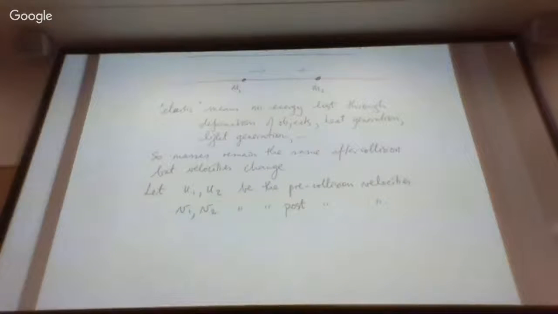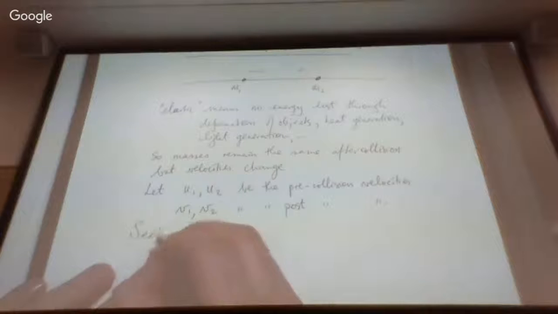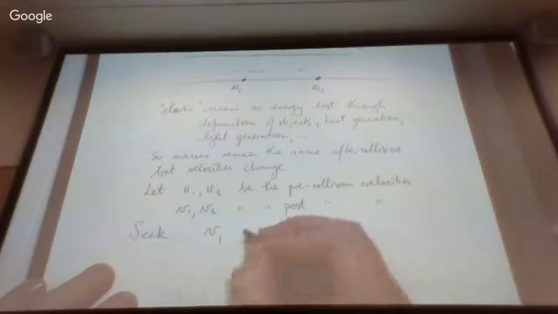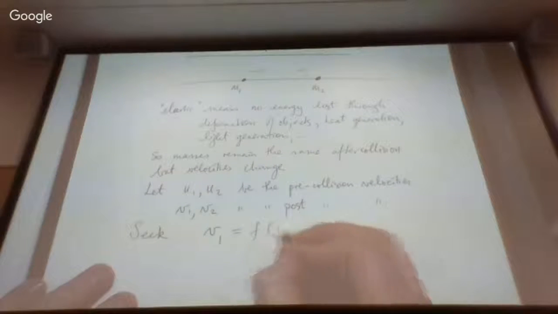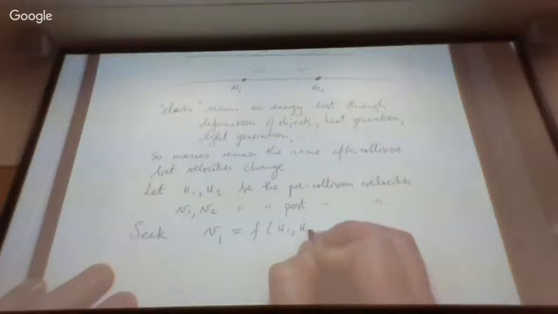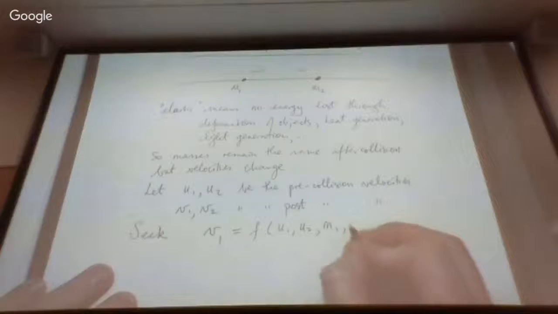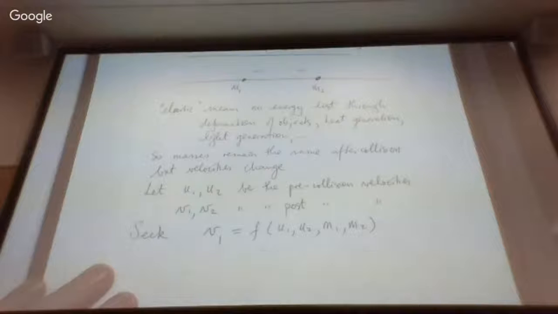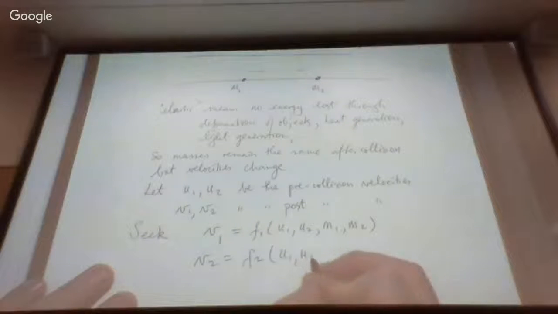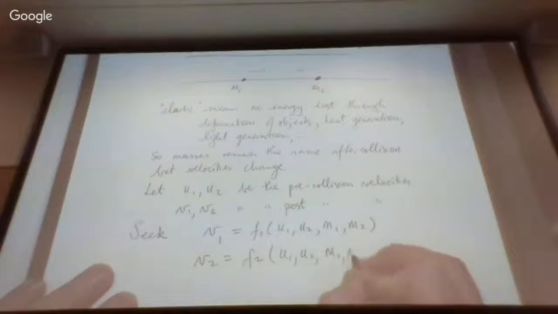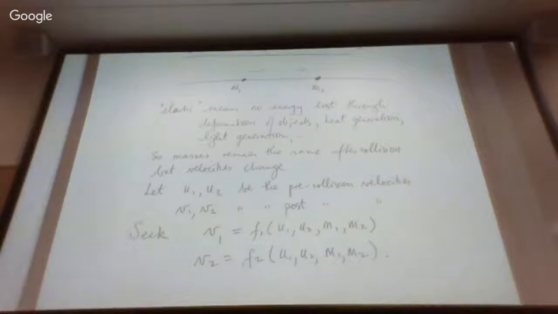So what we're seeking is v1 as some function f1 of u1 and u2, maybe the masses m1 and m2, and v2 to be some other function of the data.